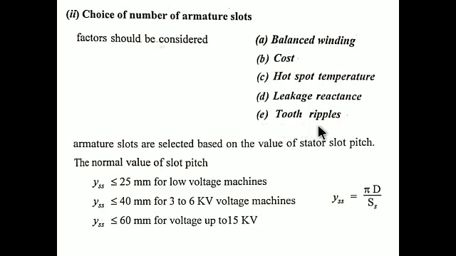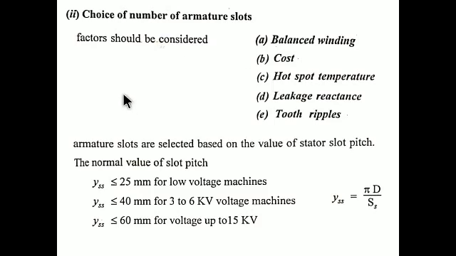Here the ripple is distortion, a part of noise. The noise is reduced when we select a large number of slots. So when we select large slots, we can reduce the tooth ripple. So the selection of armature slots considers all these 5 factors.